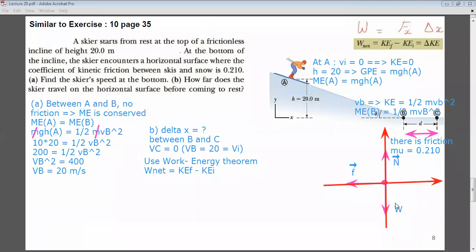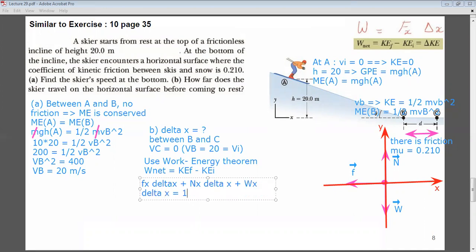So what forces contribute to the work? Only the friction. So what forces contribute to W net? Only the friction. W net, so it is Fx delta x plus Nx delta x plus Wx delta x.